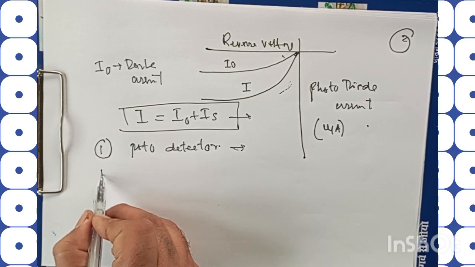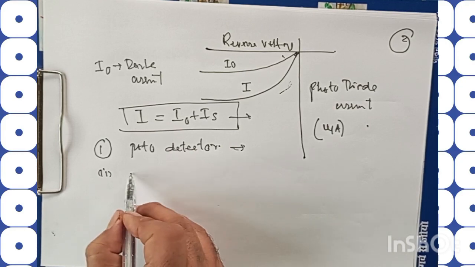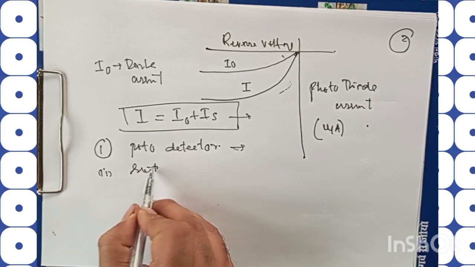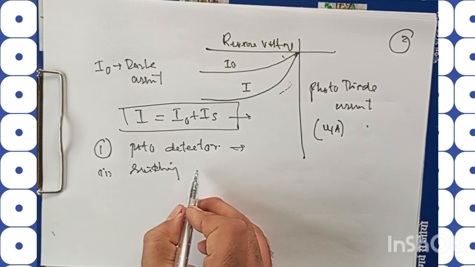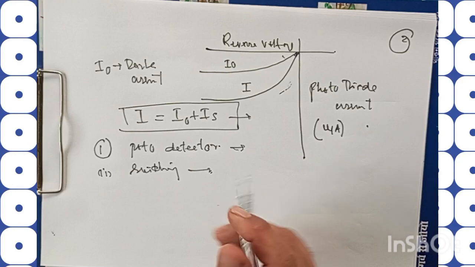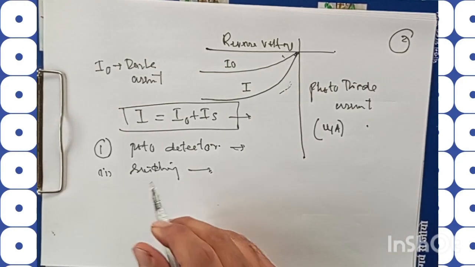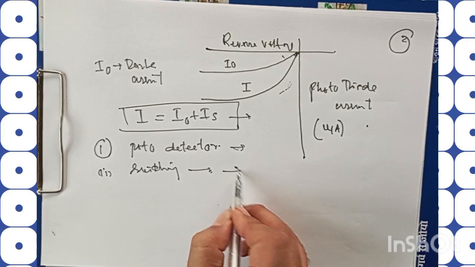They are used as light operated switches. So they are operated by making use of light: by introducing light of suitable frequency, the switch can work.